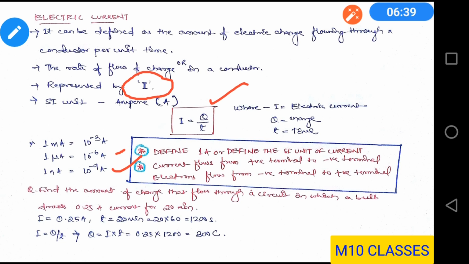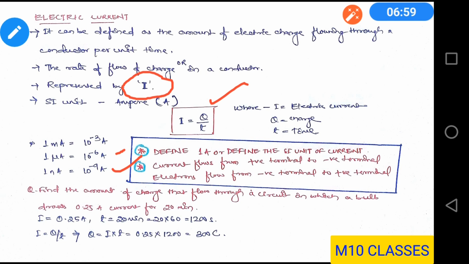Now you have seen in the previous circuit, we have connected the circuit with a battery which has a positive terminal and a negative terminal. So in which direction does the electric current flow? The direction of current is always from the positive terminal to the negative terminal.